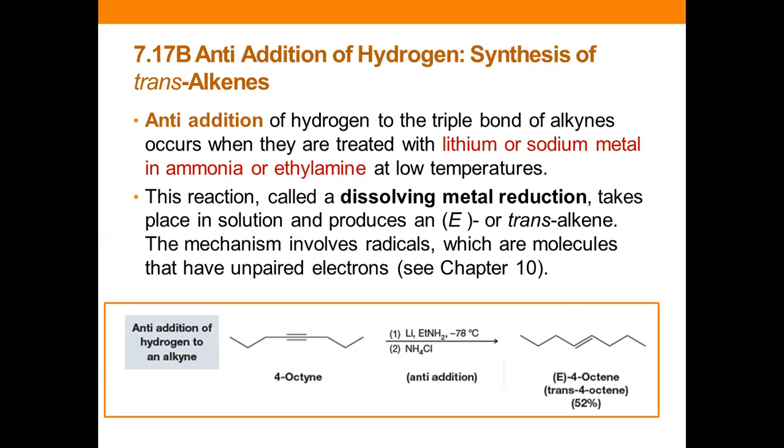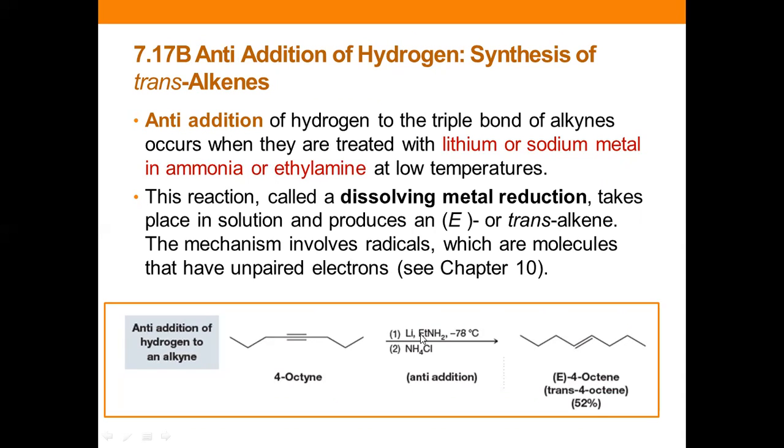Another possibility for the addition of hydrogen to your alkynes is the anti-addition of hydrogen. To proceed to the trans-alkene from your alkyne, we use lithium or sodium metal in ammonia or ethylamine.